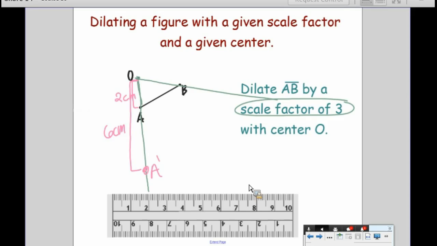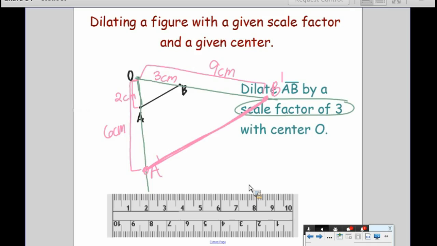When you measure OB, you're going to get 3 centimeters. So what am I going to measure to find out where B goes? 9 centimeters away. Put B prime wherever that falls, and then you can connect them to make segment A prime, B prime. So that segment is AB dilated by a scale factor of 3 with center O.